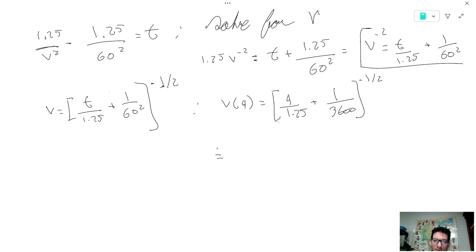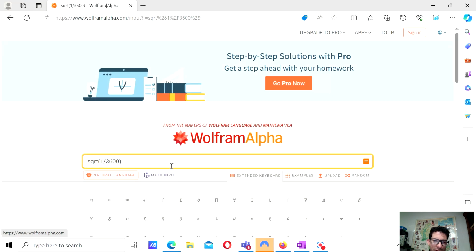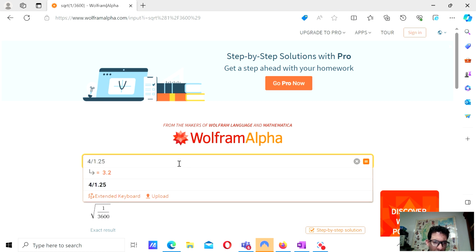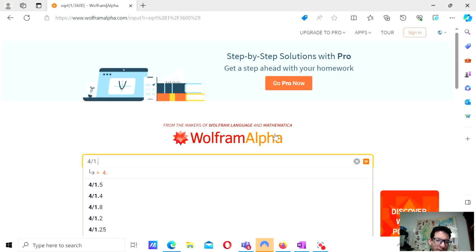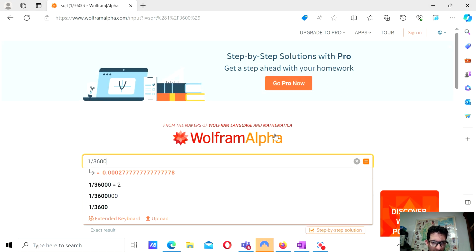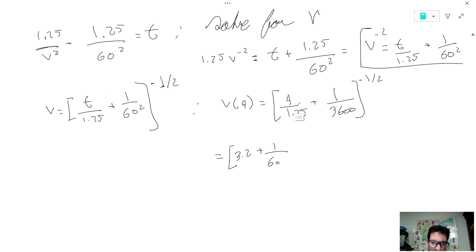Okay, so 4 divided by 1.25 is 3.2, plus 1 divided by 60 squared, 1 divided by 3600, is 0.00027, and that to the negative 1/2.